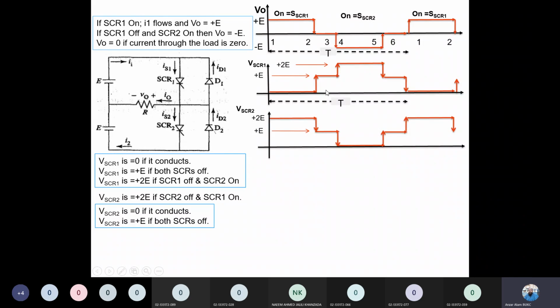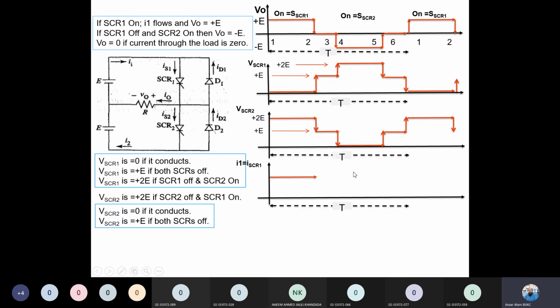I have explained this one, and based on this knowledge I assume कि ये चीजें आप understand कर लेंगे। यहाँ पर देखें, ये खुद SCR1 ऑन था और SCR2 ऑफ था, तो मैक्सिमम वोल्टेज है। So you can try to understand this one.